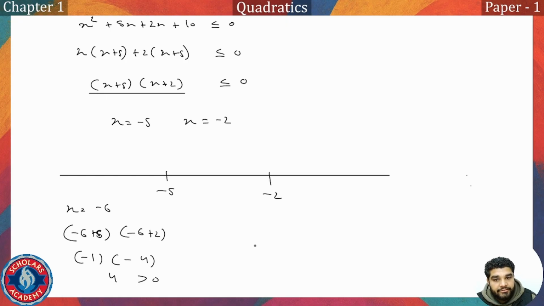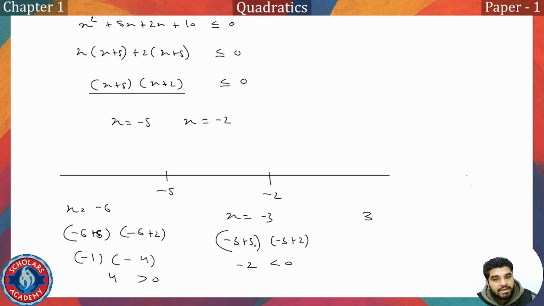If we take a value from the interval between negative 5 and negative 2, so let us take x is equal to negative 3. If I substitute it, what I get is negative 3 plus 5 and negative 3 plus 2. So yes, we get a negative value over here. So our result is negative 2, which is less than 0. Let's take 3 from the last interval.